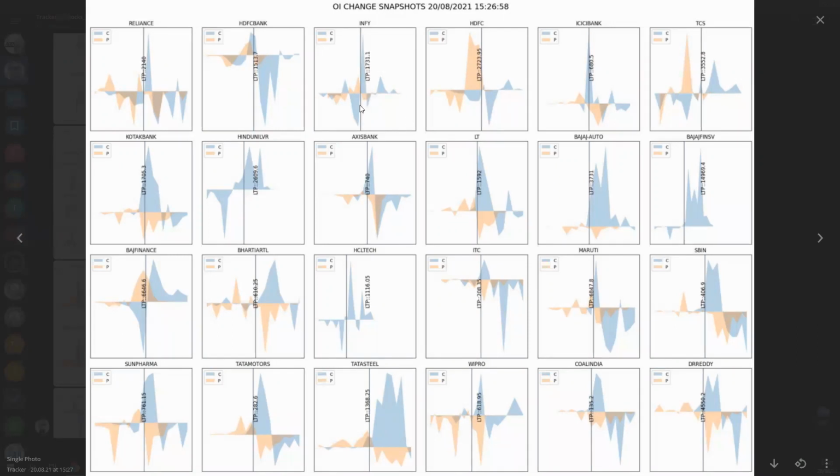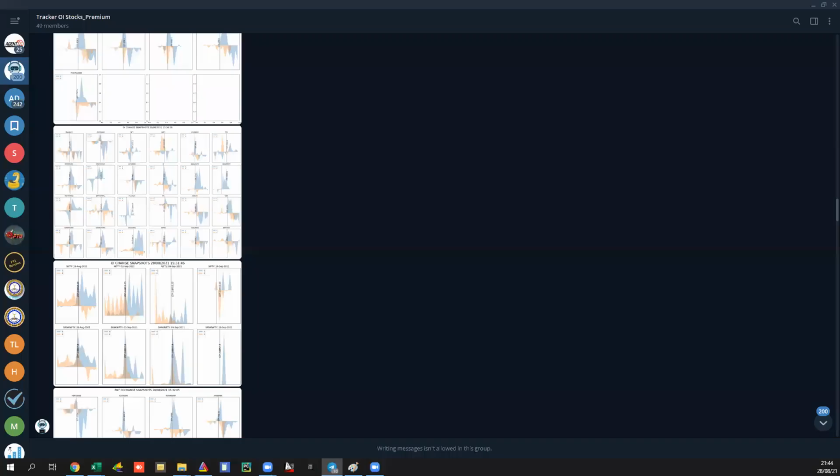See, at this level, there was a lot of call unwinding, and these calls were shifted to a higher strike. But the relation between the two is high. That means these were at least shifted and maybe new were also added, right? So 20th August, let us see the chart of 20th August, Infi, right?